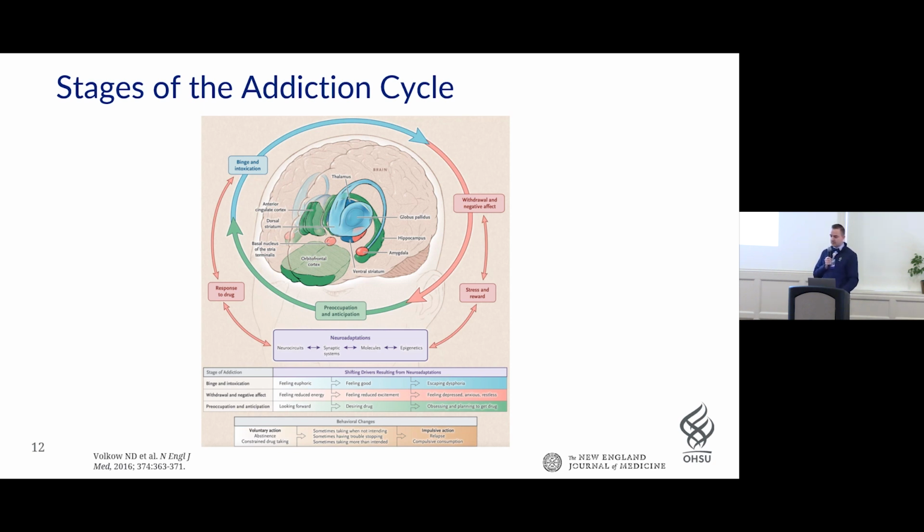And then you get to the preoccupation and anticipation stage. So maybe they're no longer in withdrawal, but they remember being in withdrawal, or they remember that euphoria that they felt when they were intoxicated. And so this decreases the prefrontal cortex, which is really how we manage making decisions, right? If we didn't have a prefrontal cortex, we would just do and say anything that comes into our mind.